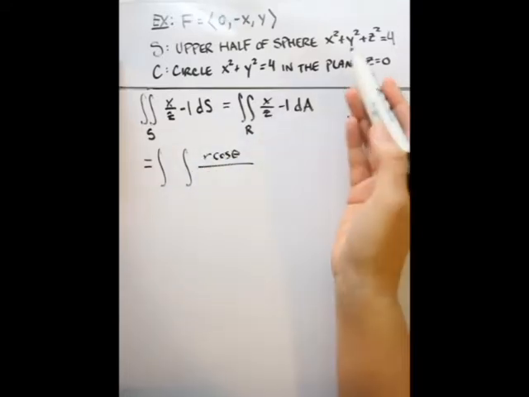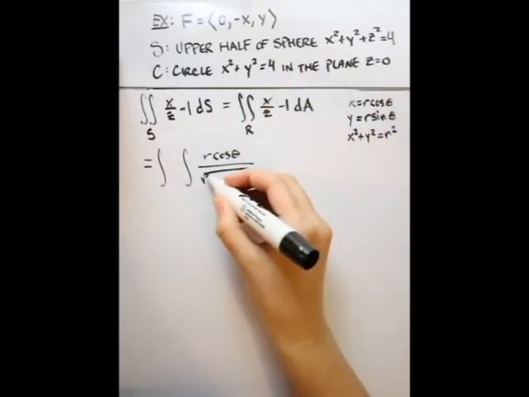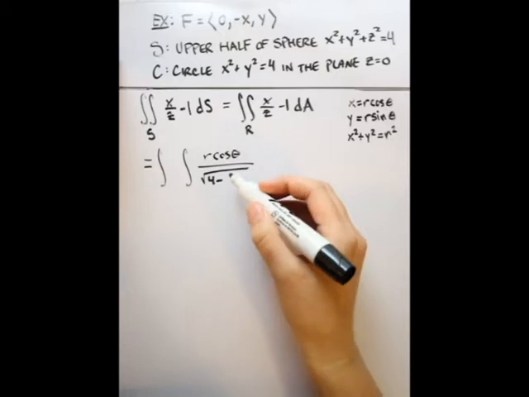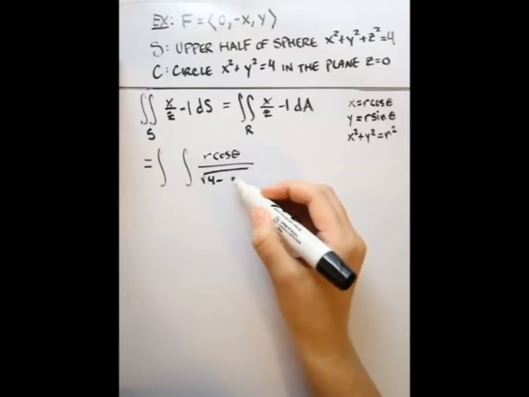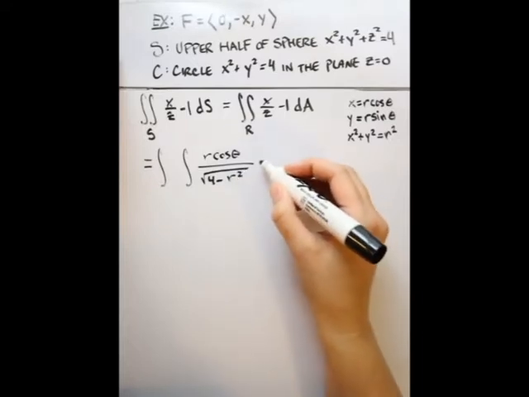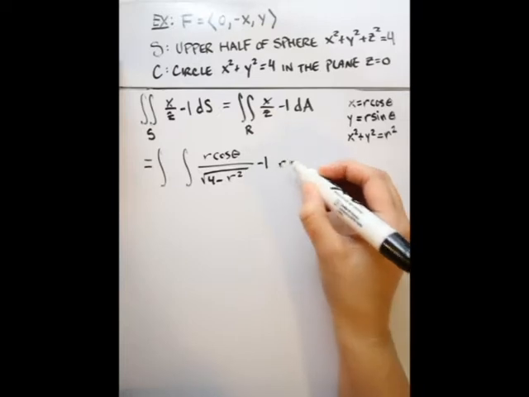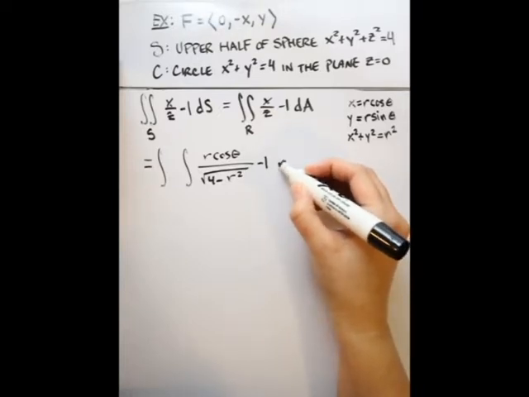If we solve our surface for z, we get the square root of 4 minus x squared minus y squared, but that's equal to r squared, so 4 minus r squared. And then minus 1, and then r dr d theta for our substitution.